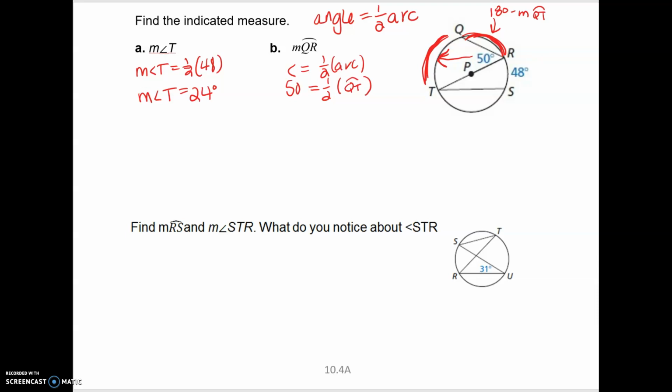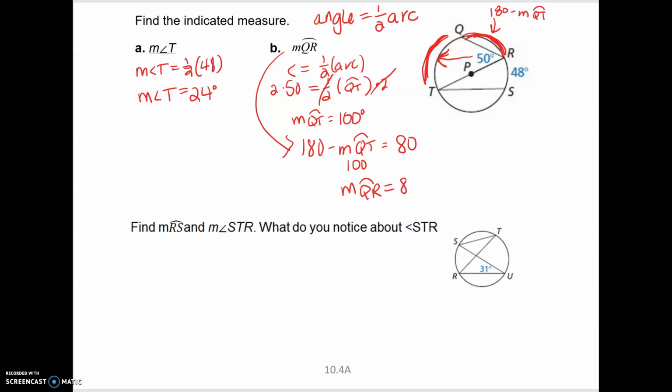In order to find that, I would multiply by 2. So the measure of arc QT would be 100 degrees. Now to find the measure of arc QR, I'm going to take 180 minus the measure of arc QT, which we said was 100. So I get that the measure of arc QR is 80 degrees.